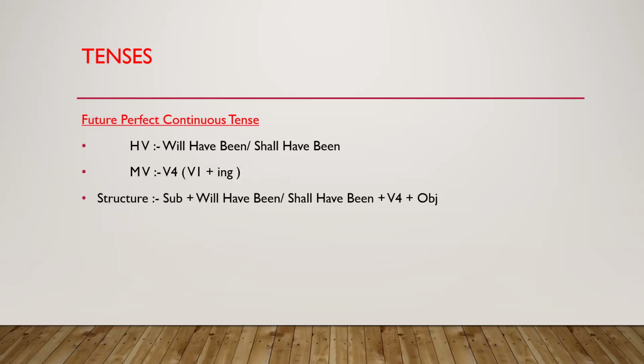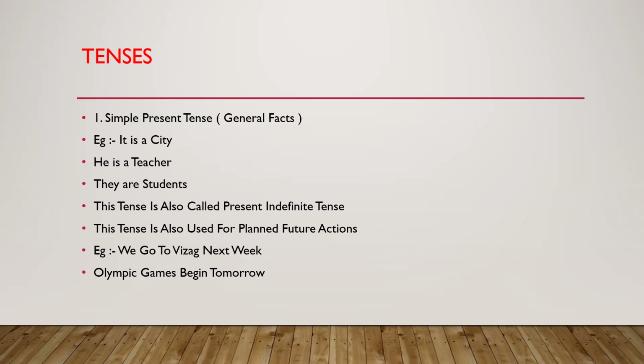This future perfect continuous tense is not very useful, but there is a chance it may be given. So if it is given, you can write it using the structure you have known. So this is about the future tenses.